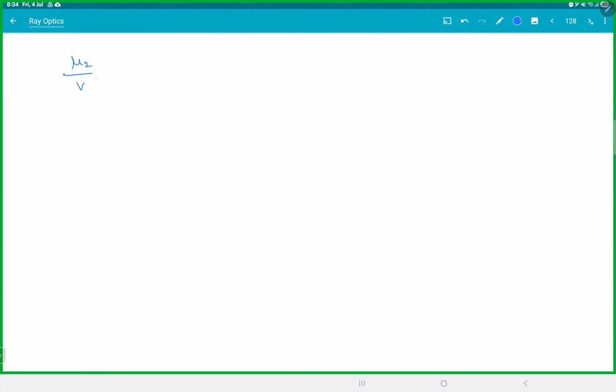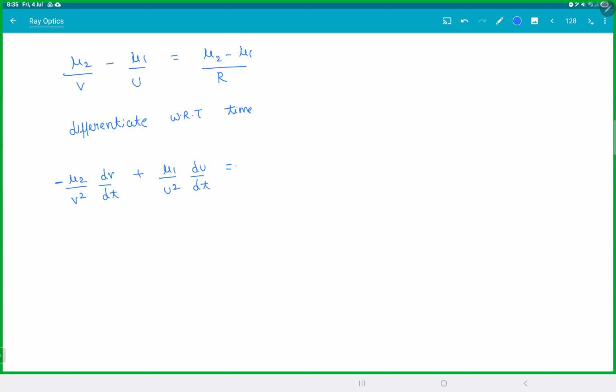Mu2 by v minus mu1 by u is equal to (mu2 minus mu1) by R. Differentiate with respect to time: minus mu2 by v square dv by dt, and so on. Here R is constant, so this term becomes 0.